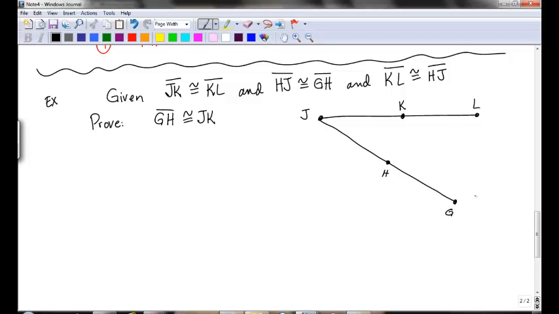JK is congruent to KL. HJ is congruent to GH. And KL is congruent to HJ. What we want to get to is GH. That segment is congruent to JK. Okay? Two-column proof.